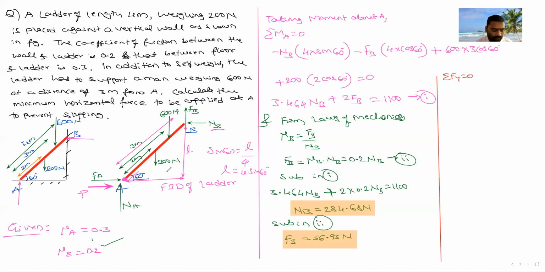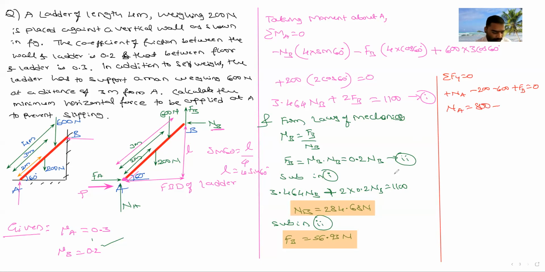Can you tell me what are the vertical forces? So plus NA minus 200 minus 600 plus FB is equal to 0. So NA is equal to 200 plus 600, it is 800, and I will transfer minus FB.